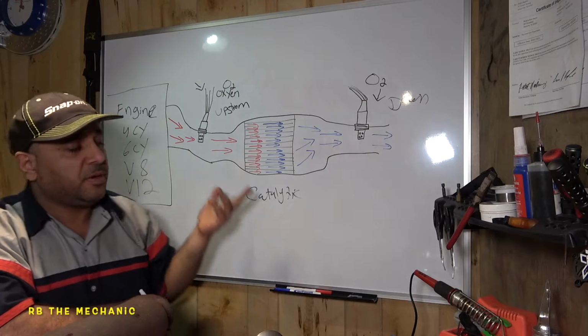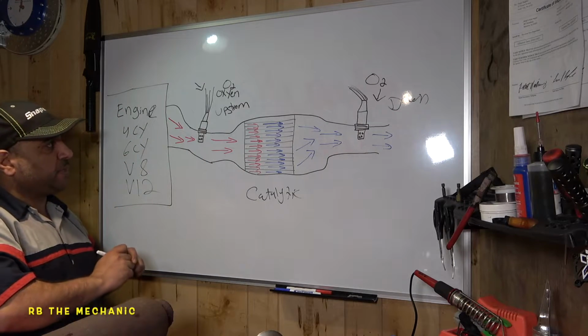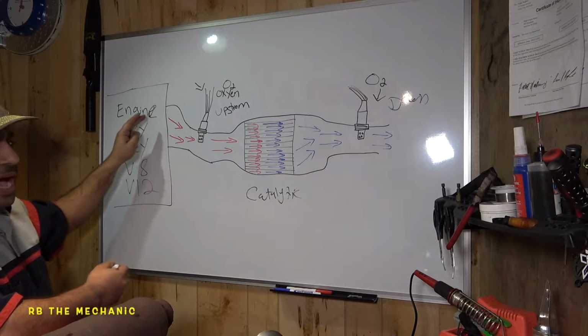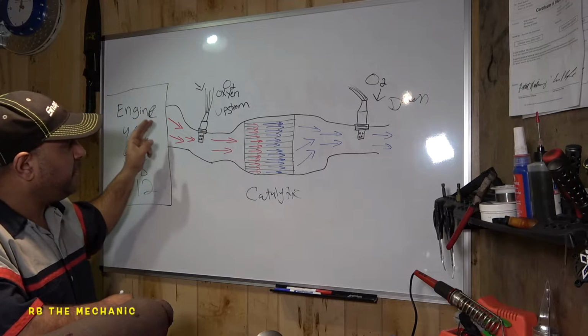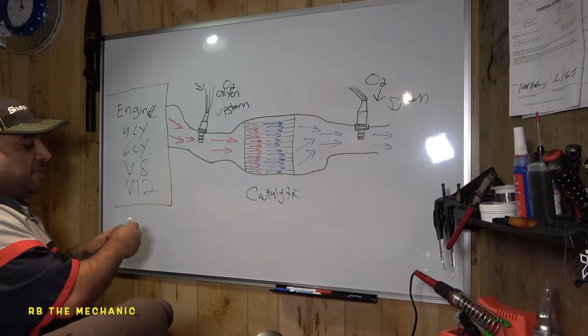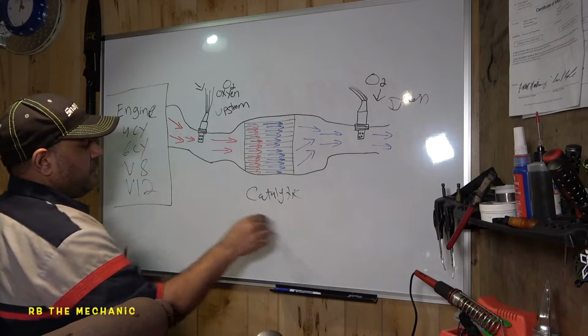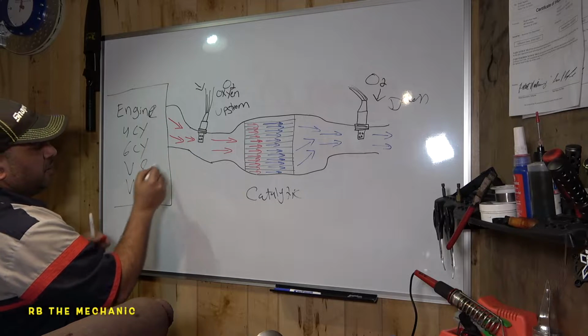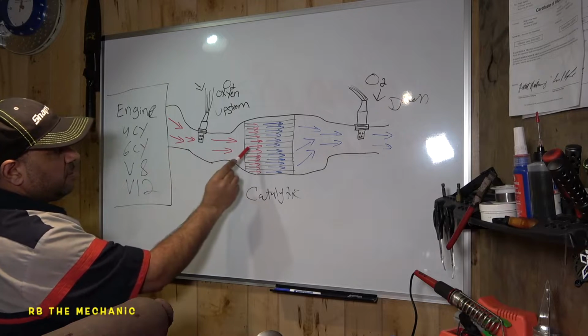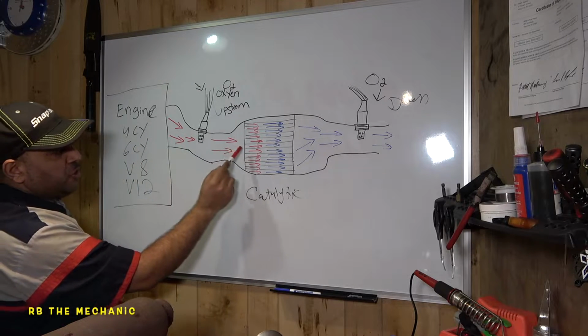Upstream, downstream. Okay, so how does this catalytic converter work? The hot gases, unburned gases, the fumes of the engine flow out of the engine through your exhaust manifold. Got the red arrows here. They go down the path, so they're going up the stream.